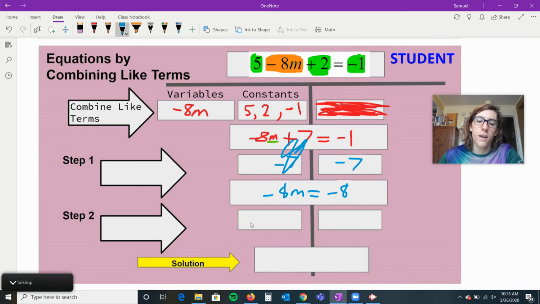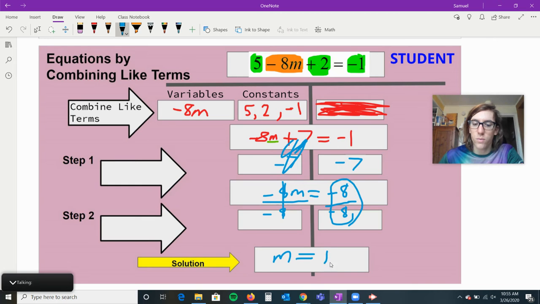Okay, and to solve for m, this is -8 times m, so we have to divide by -8, divide by -8, and that's going to cancel out to be 1 whole, so we should get m is equal to, and this side cancels out as well, -8 over -8, that's 1 whole, isn't it?